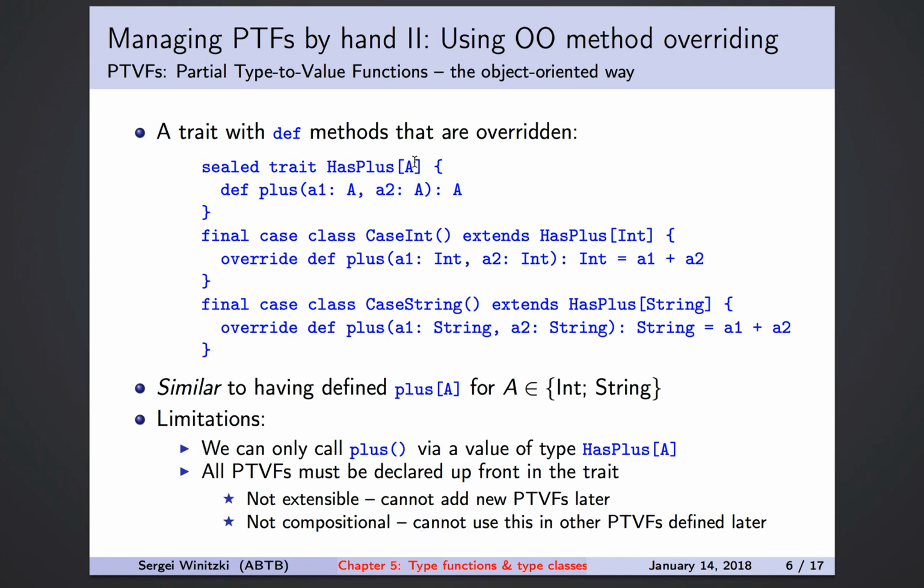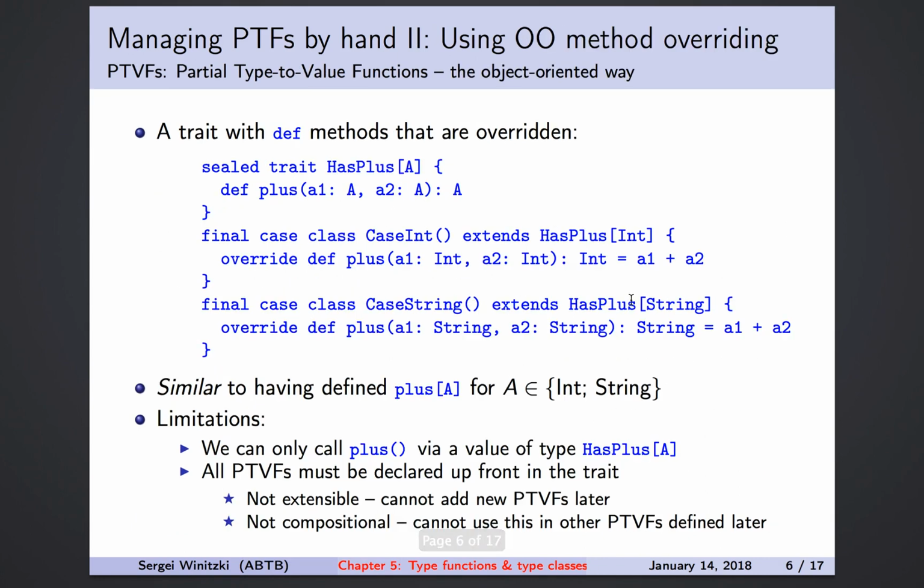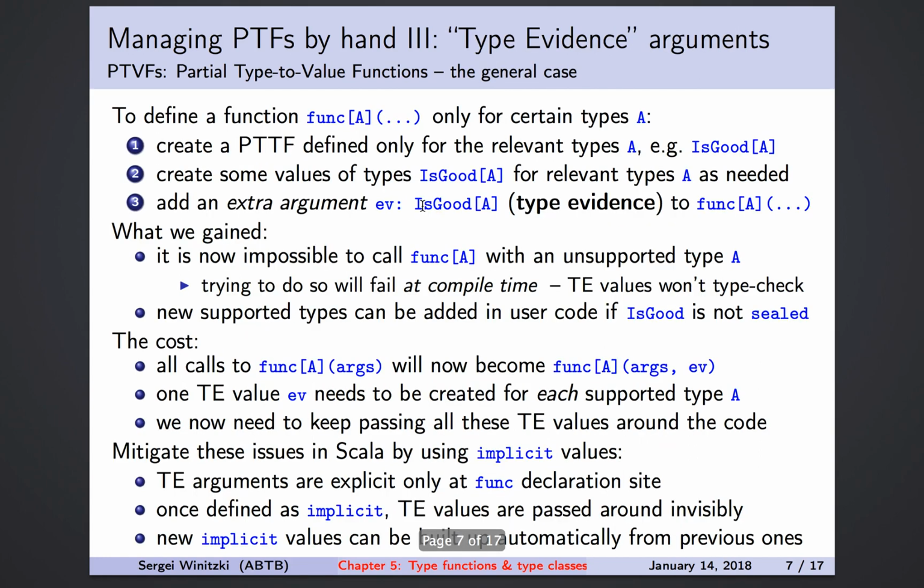There's really only one way in Scala of doing this. Make a trait and make some classes that extend it with specific type parameters, like this or like that. It's the same thing. There's only one way of doing this in Scala.